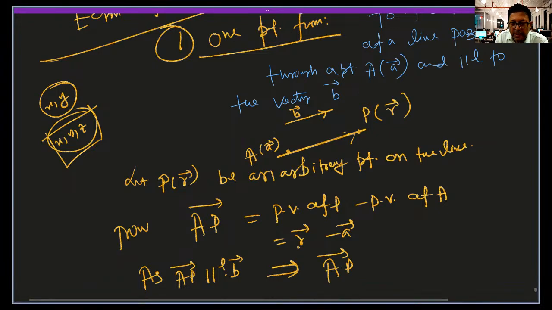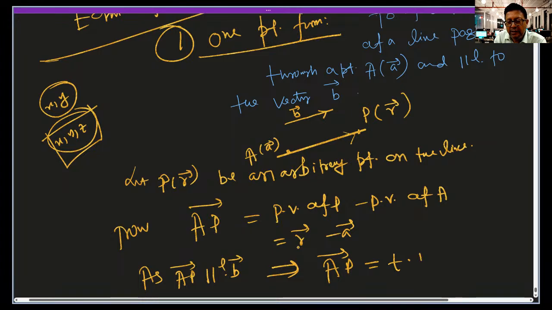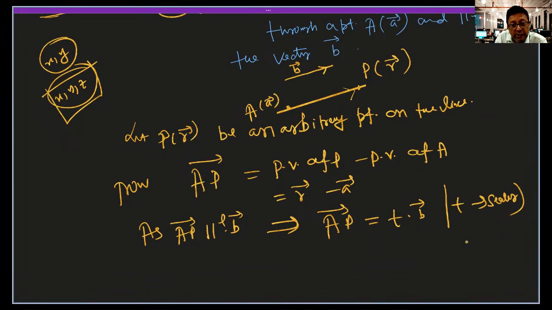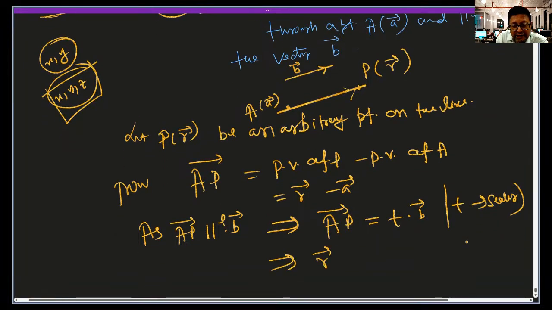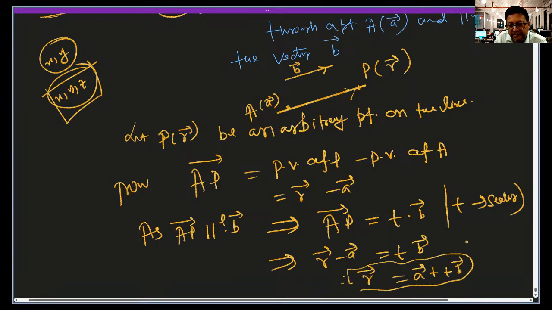Since parallel we can write it as t times b, where t is a scalar. You must agree, in vector you have seen two parallel vectors, one is the scalar multiple of the other. But AP is r minus a. Therefore r equal to a plus t b. This is the equation of line.